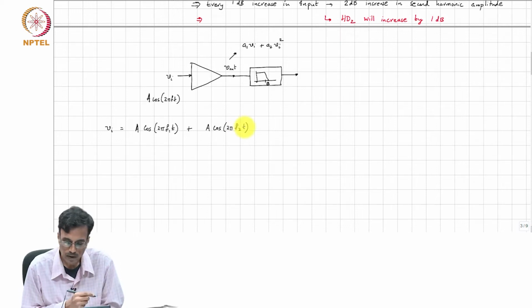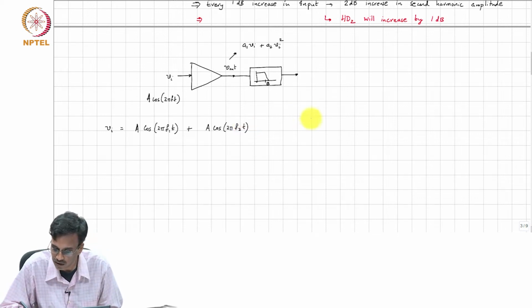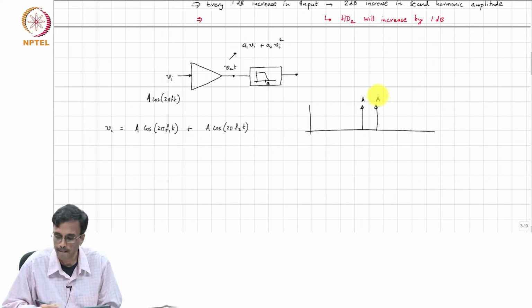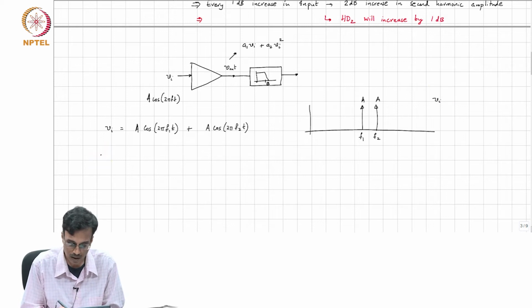In other words, the input is a two tone input, both with amplitude A, and the frequencies are f1 and f2. So, this is Vi. So, what will V out be?